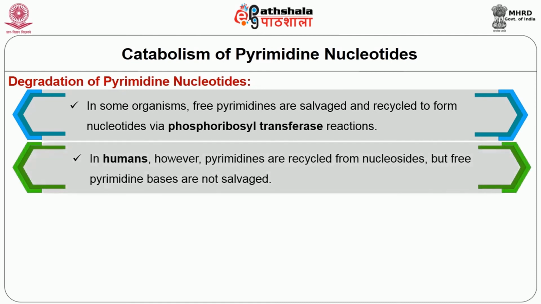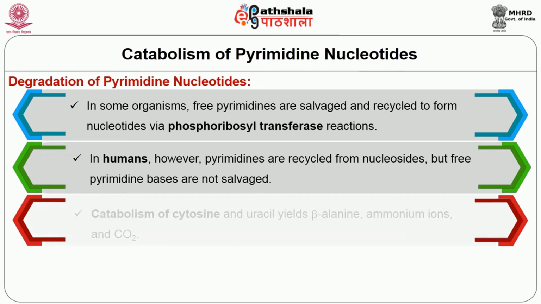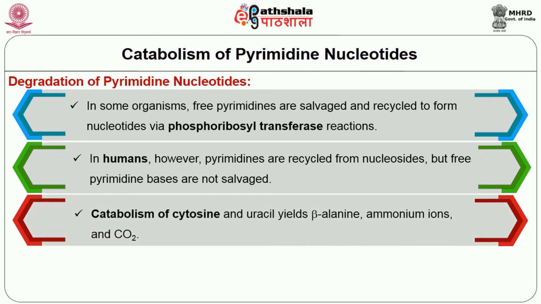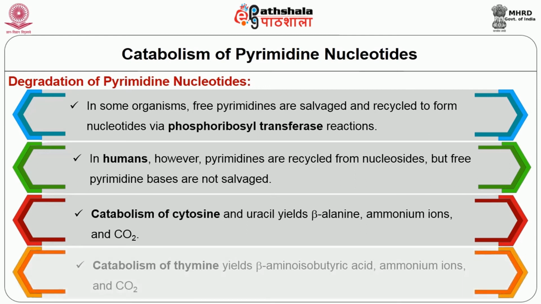In humans, however, pyrimidines are recycled from nucleosides but free pyrimidine bases are not salvaged. Catabolism of cytosine and uracil yields beta-alanine, ammonium ions and carbon dioxide, while the catabolism of thymine yields beta-amino isobutyric acid, ammonium ions and carbon dioxide.